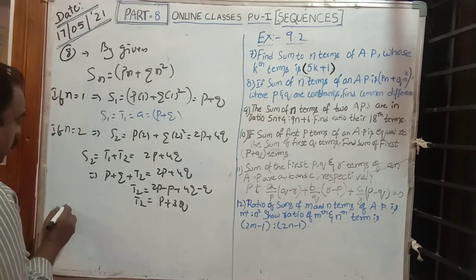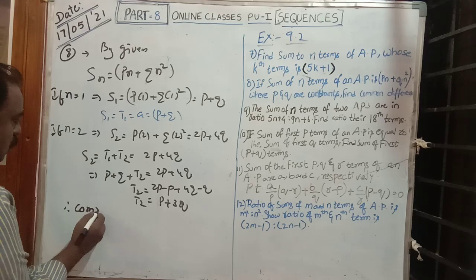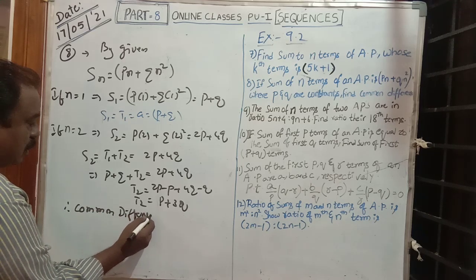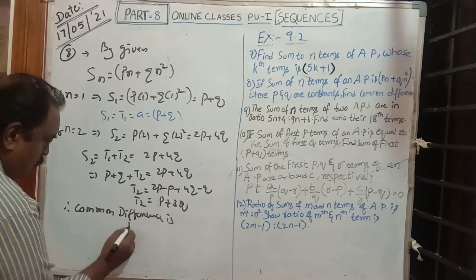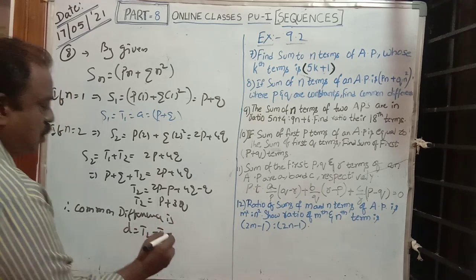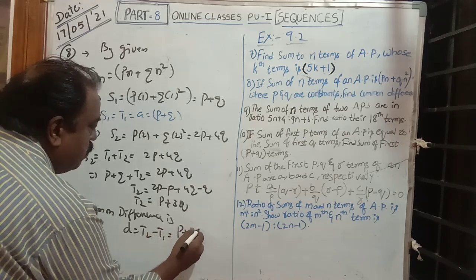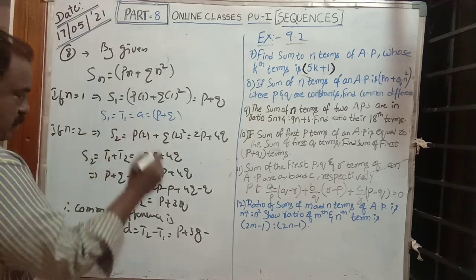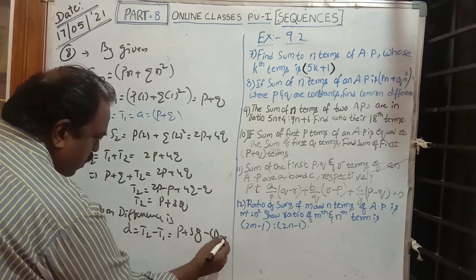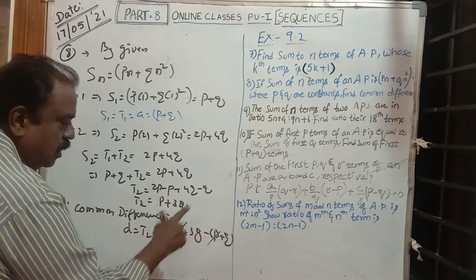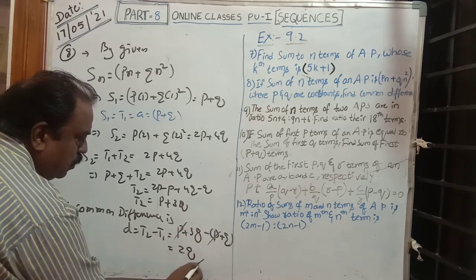We need to find the common difference. D is equal to T2 minus T1. T2 is P plus 3Q, minus T1, which is P plus Q. So P cancels, and 3Q minus Q is 2Q.